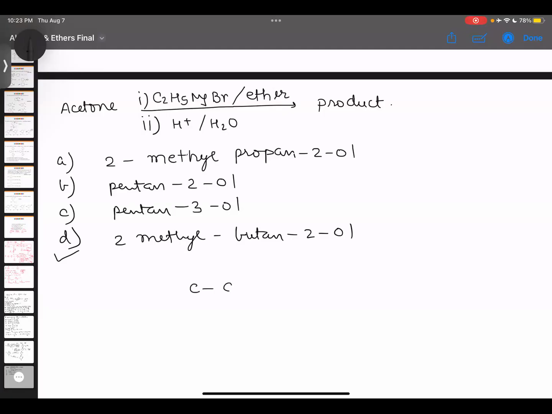Because this is acetone, right? This is acetone. And when you try to add, so this is minus and plus. Okay, oxygen is more electronegative. And when you try to add the Grignard to it, so just attach this minus over here.